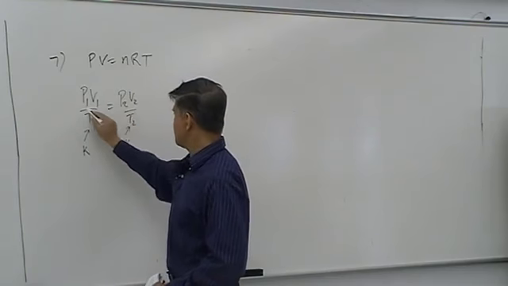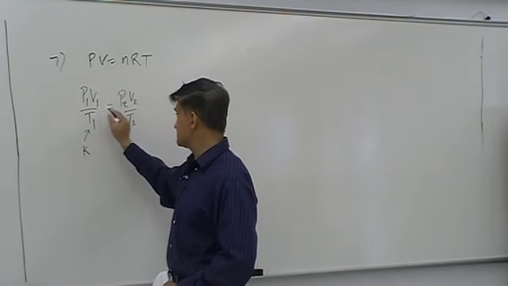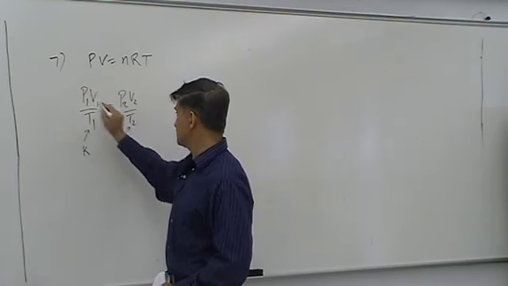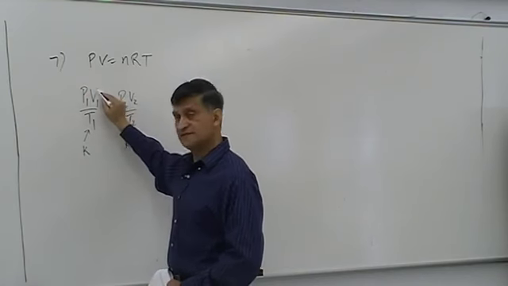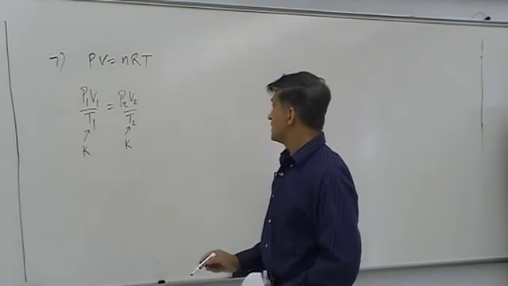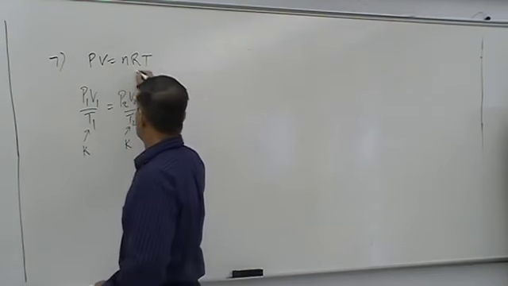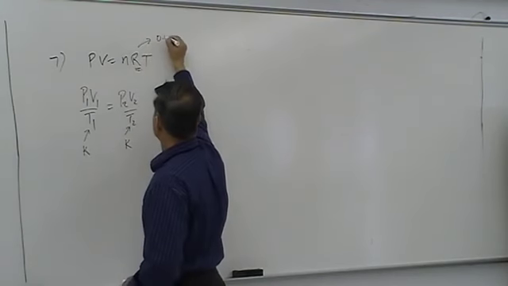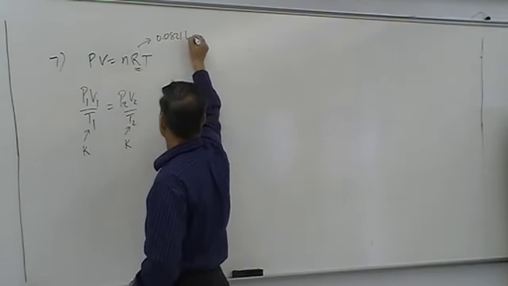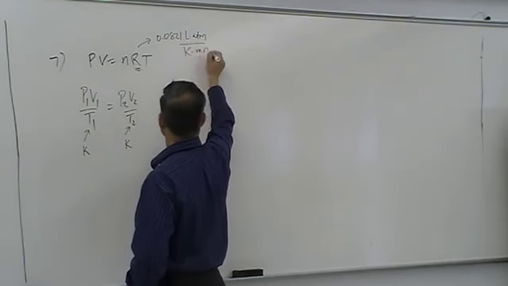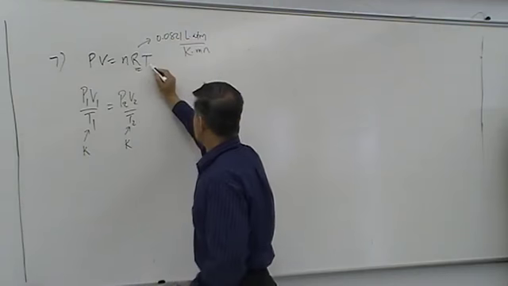But pressure could be any unit, as long as you are consistent with your choice of unit. If this is millimeters of mercury, it has to be millimeters of mercury. If this is ml, this is also going to be ml. On the other hand, for this one, since this value has 0.0821 liter atmosphere per Kelvin per mole, if you're going to use this, your temperature has to be in Kelvin.